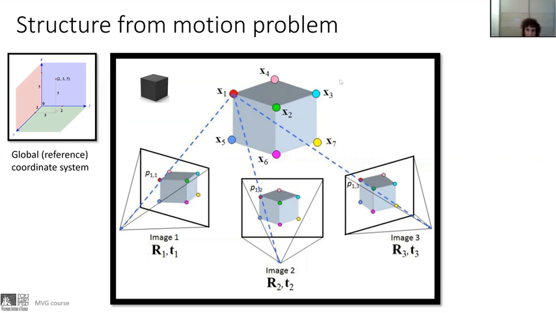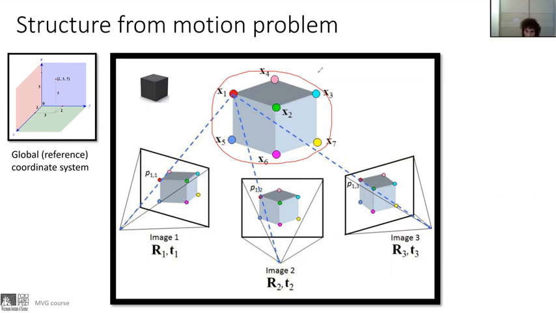If you remember what we said, the structure from motion problem is such that we have images like this, and we would like to reconstruct the 3D object and the location of the camera. So let's try to understand it visually. I have some 3D object in the space.